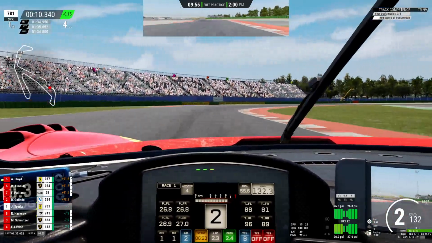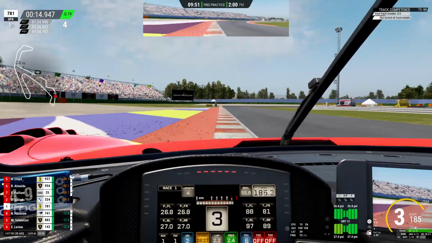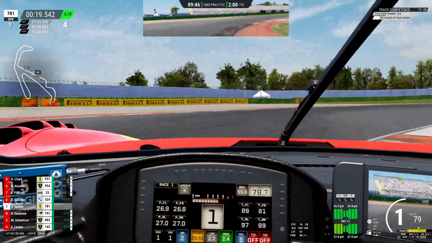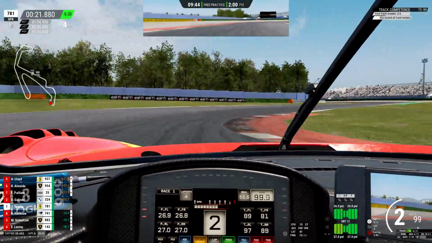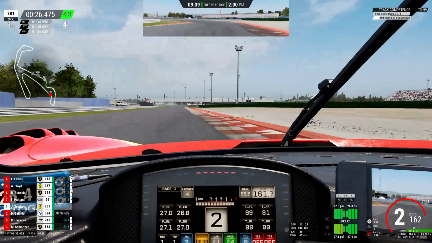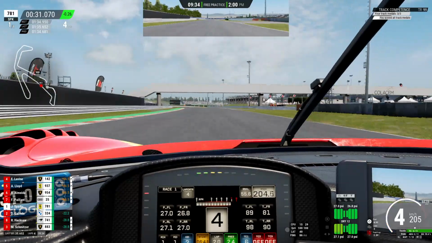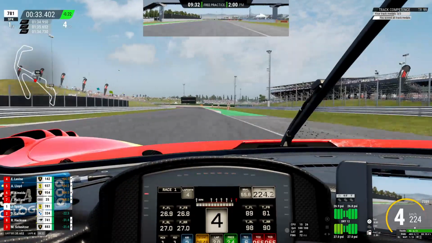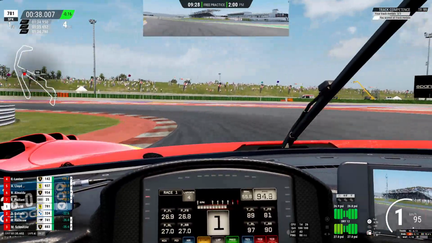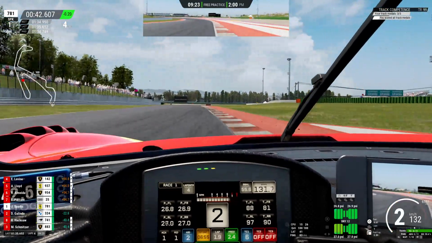Now, do you reach 100% braking when you initially start your trail braking? That is highly dependent on the corner. And one of the things I will suggest is do not hesitate to make changes to how your brakes are set up in order to help you get better at this.